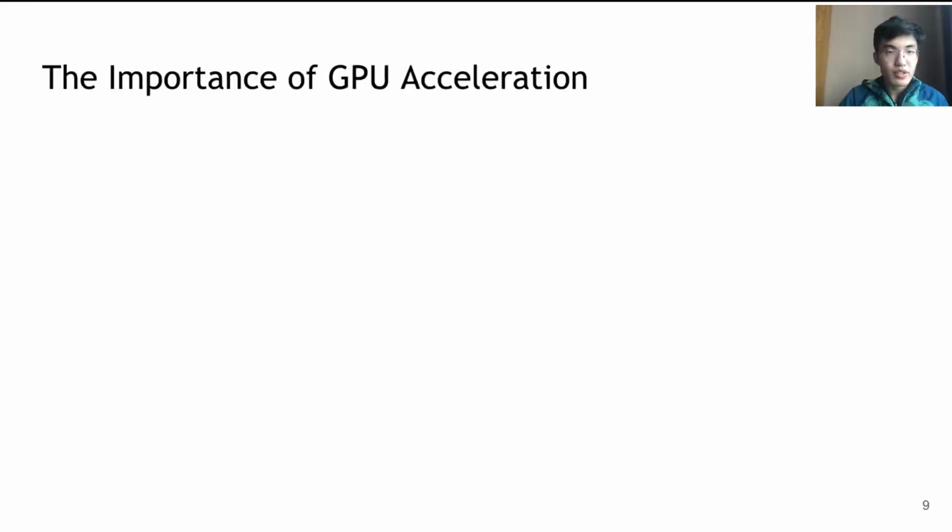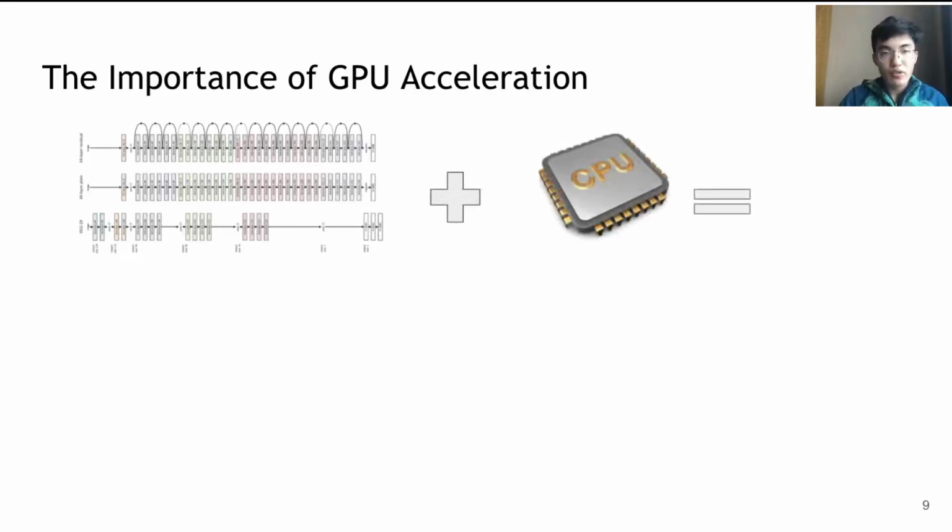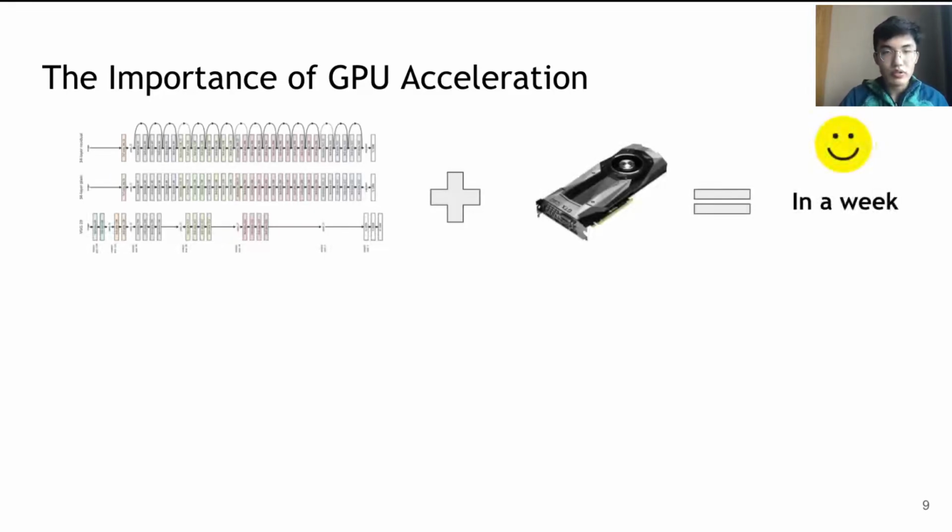GPU acceleration is extremely important for machine learning. Take plaintext machine learning, for example. If we want to train ResNets on ImageNet on a single CPU, it would take over a year to train. However, on a single GPU, it would take only roughly a week to train. If for plaintext machine learning we need GPU in order to train a model, so it is for privacy-preserving machine learning.